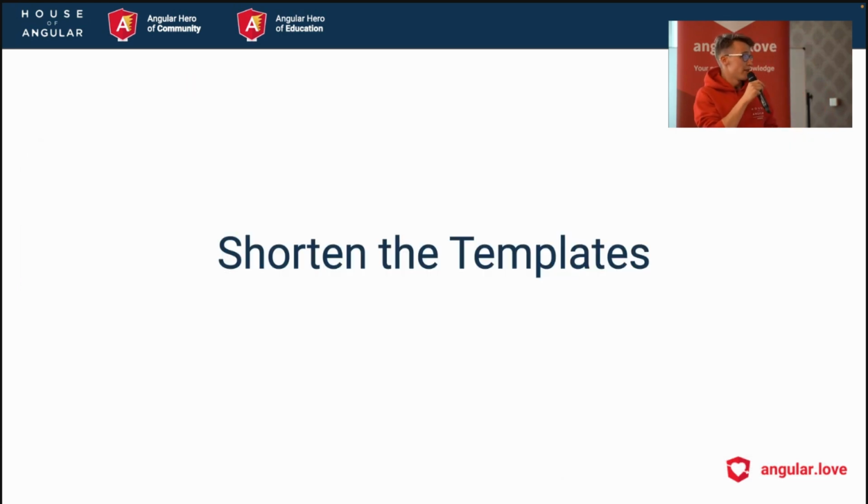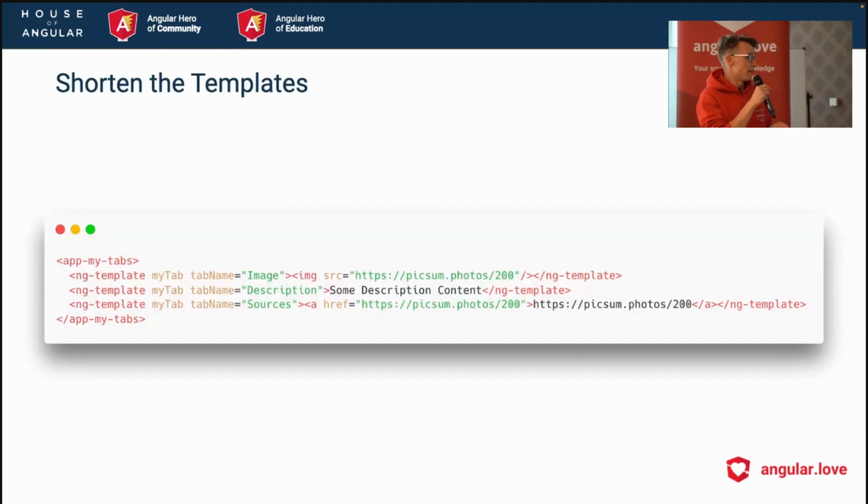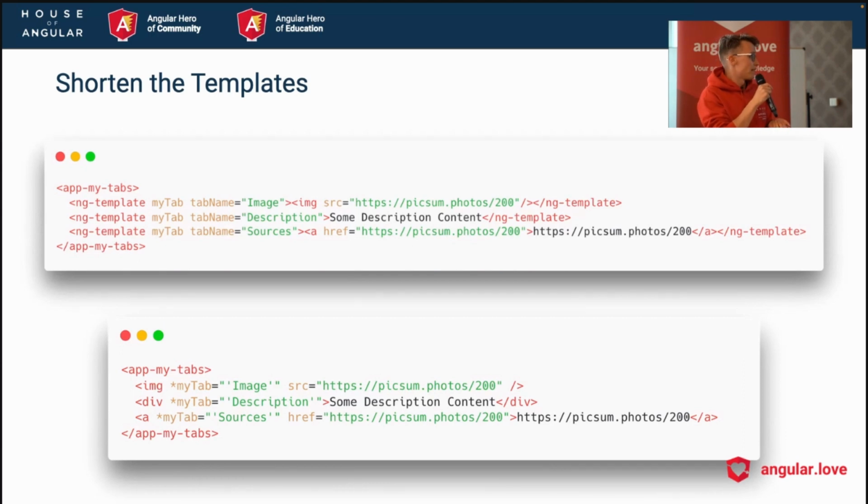So let's go further. Now I'm going to shorten the templates, because now we use the ng template component, but we are going to remove it. That's how it looks now, and that's how it will look after our changes. So now we don't have ng template with the directives, and then inside it our content.